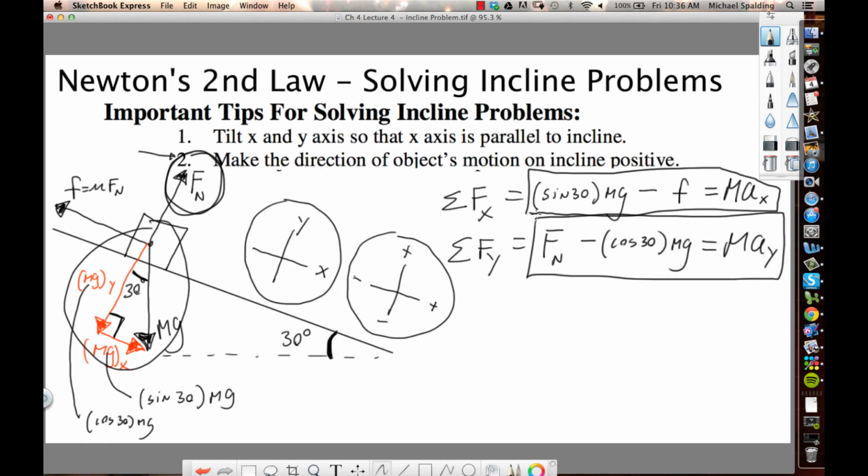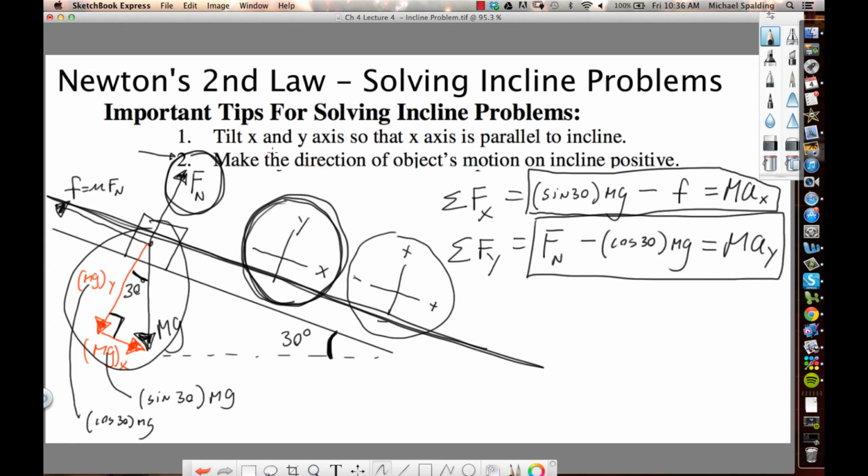Now guys, the whole reason we tilted the xy, remember that's like your big thing for the incline. What can we do that's going to make this nice? No y acceleration. Look, as the block goes down the incline, the acceleration is perfectly what?